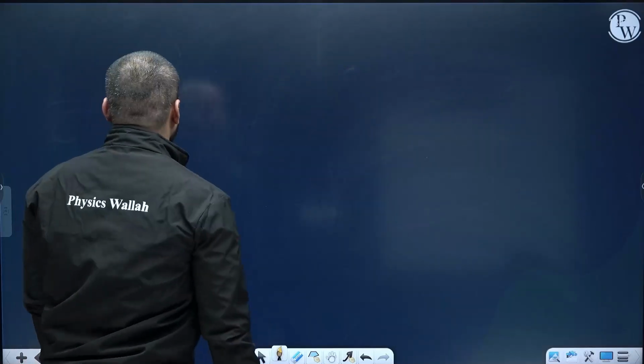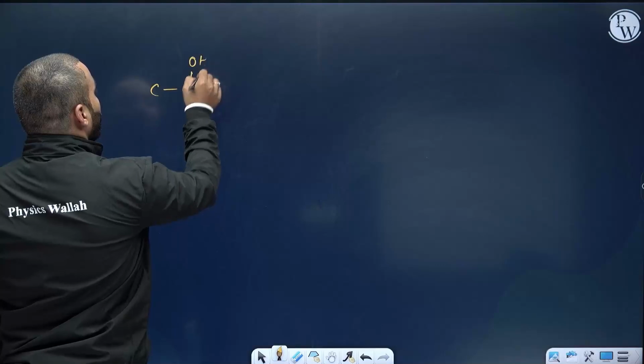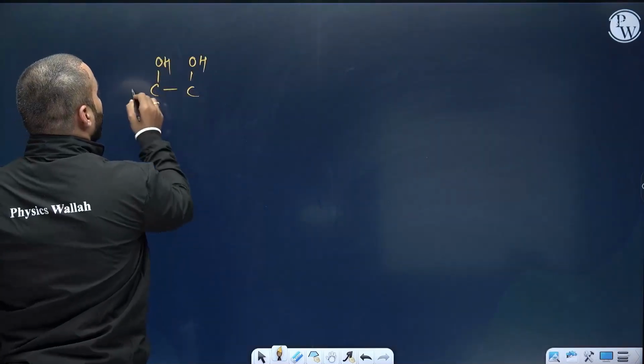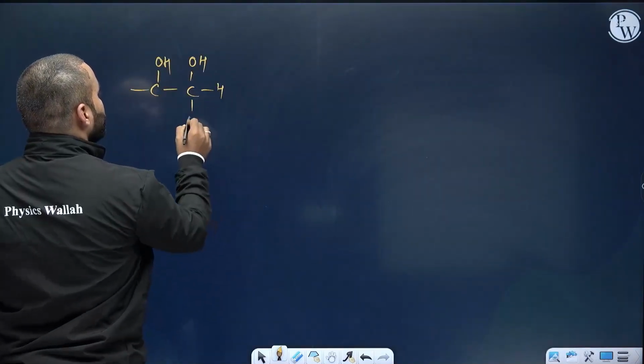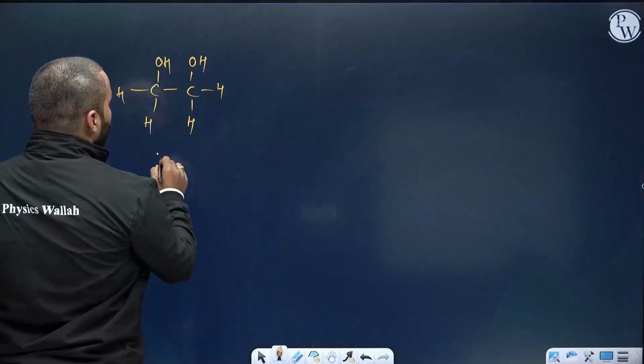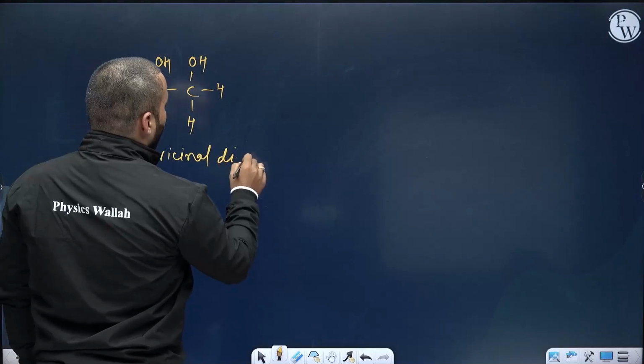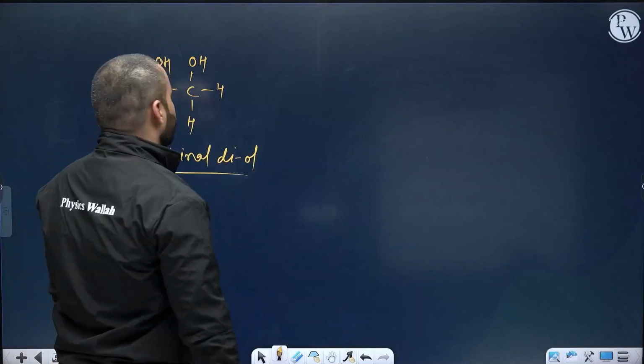Another classification of alcohol possible is if two OH groups are present on two consecutive carbons, then this is known as vicinal diol, not dihalide, vicinal diol.